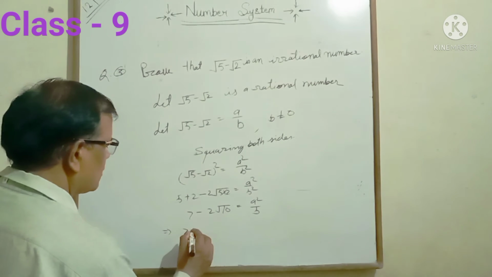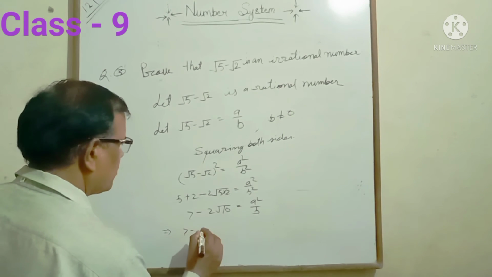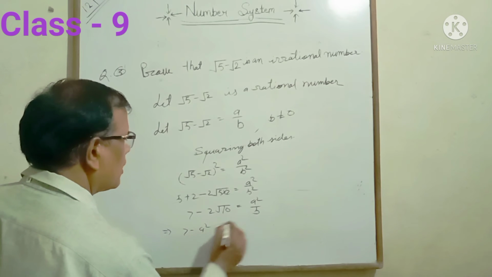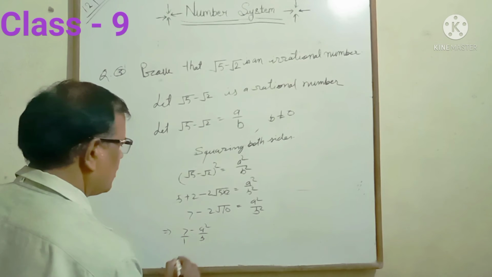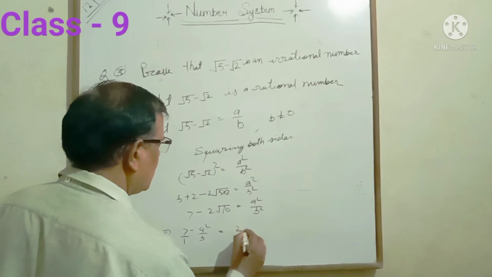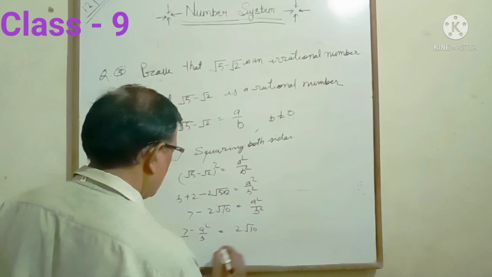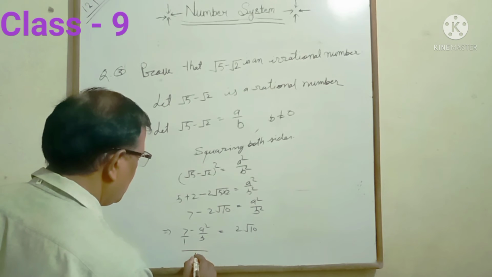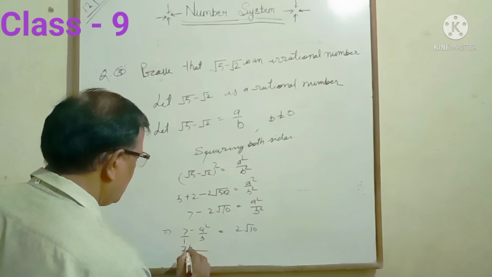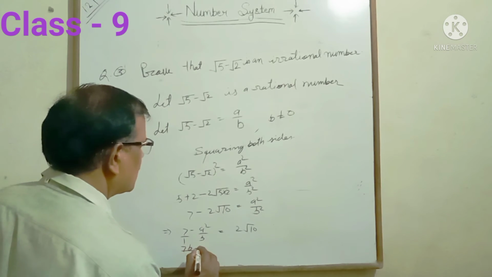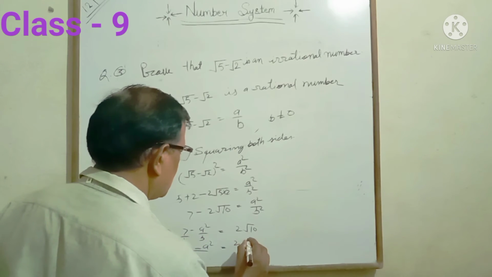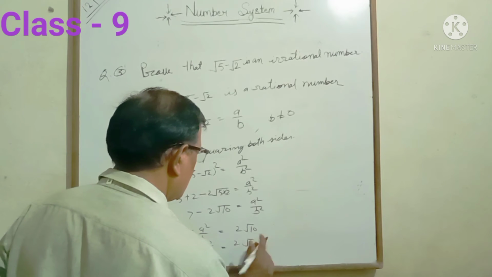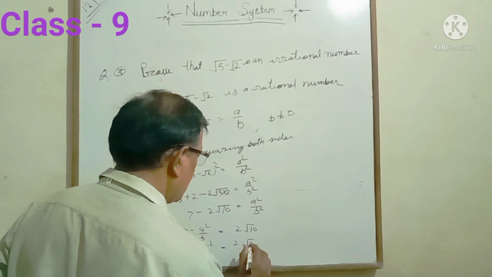7 minus a square by b square, take 1 here. Now it will be 2 root 10. Now take LCM b. Now it will be 7b minus a square by b equal to 2 root 10.